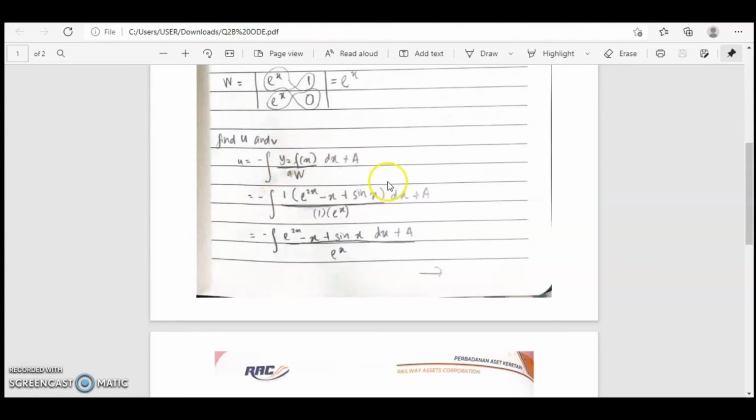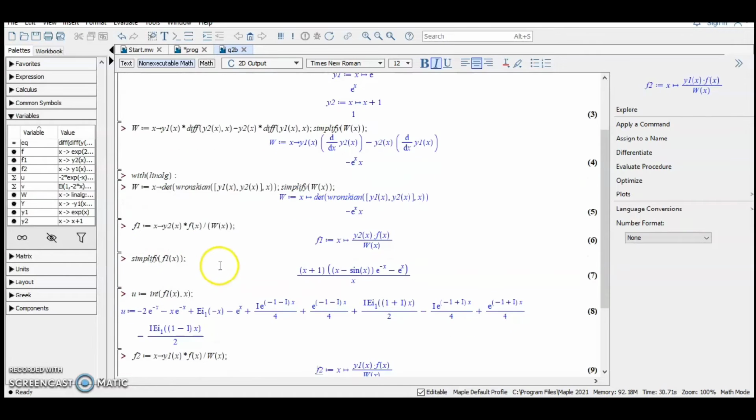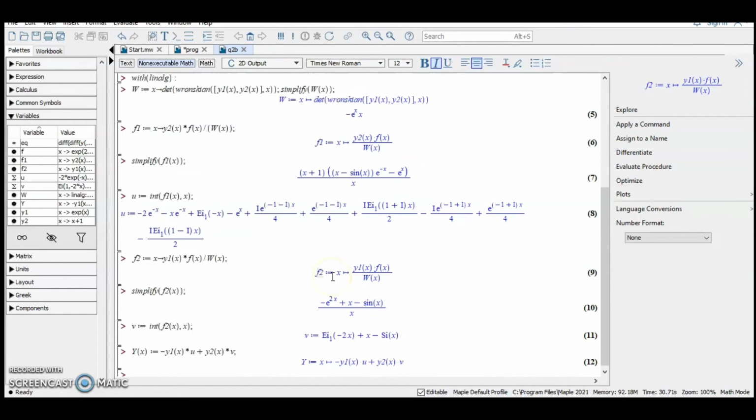After that, I simplify and integrate. After I put f1, I simplify f1 and then integrate f1 with respect to x, and this is the result.